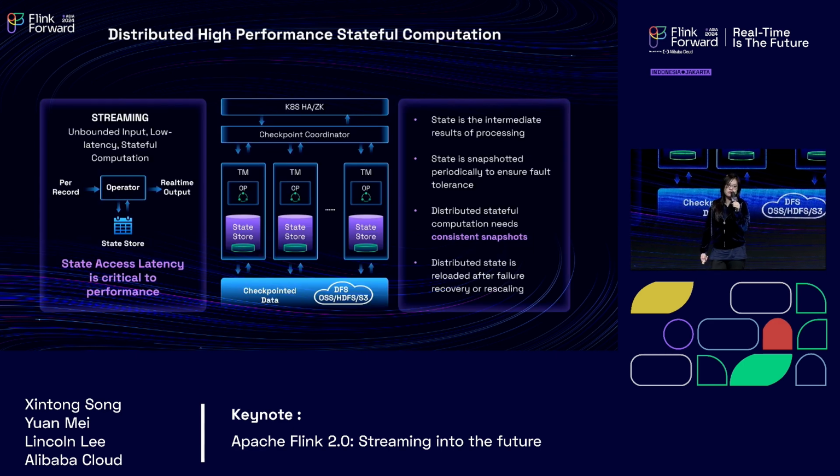What is stateful computation? For a stream processing system, the input is unbounded and continuous, generating low latency output based on this continuous input. Stateful computation means keeping intermediate results of this stream processing.